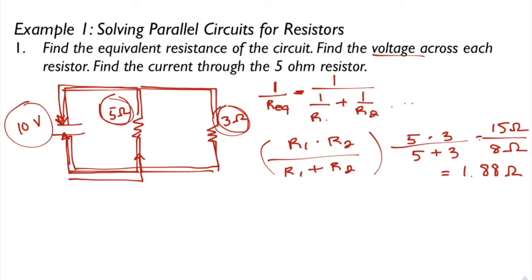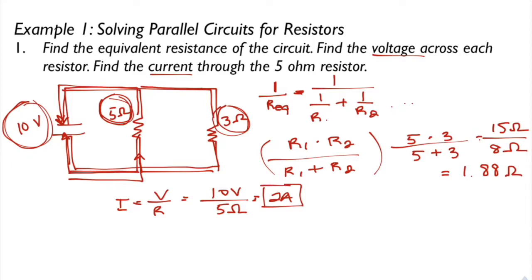So now if we want to find the current through the 5 ohm resistor, I'm going to take the 5 ohm resistor and the voltage through that, which is 10 volts as we already identified, and use Ohm's law. So I equals V over R, voltage over resistance. So that will be 10 volts over 5 ohms, gives us 2 amps.